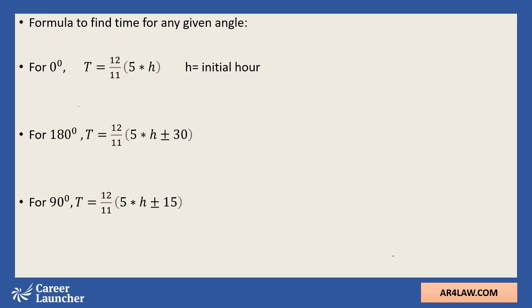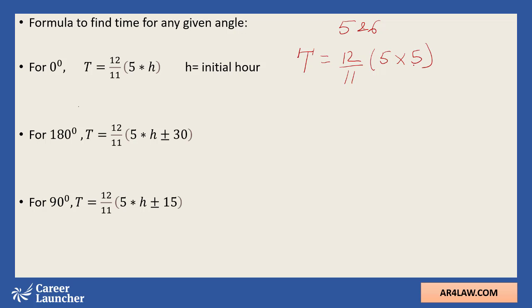Now we also have some additional formulas to find these standard angles. For example, if we want to find the time at which the hands of the clock are together between, let's say, 5 and 6, we can use the first formula here, and our time would be given by 12 by 11, and we are talking about 5 and 6. So our initial hour has to be 5.